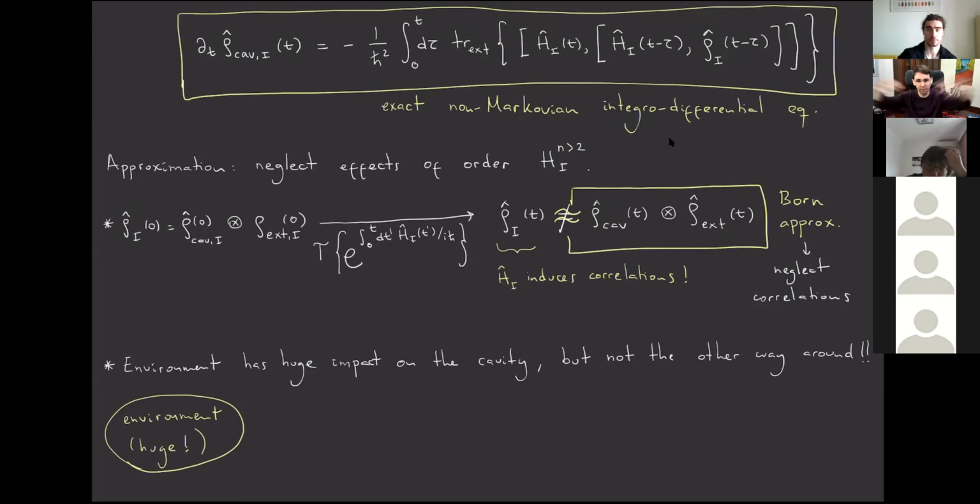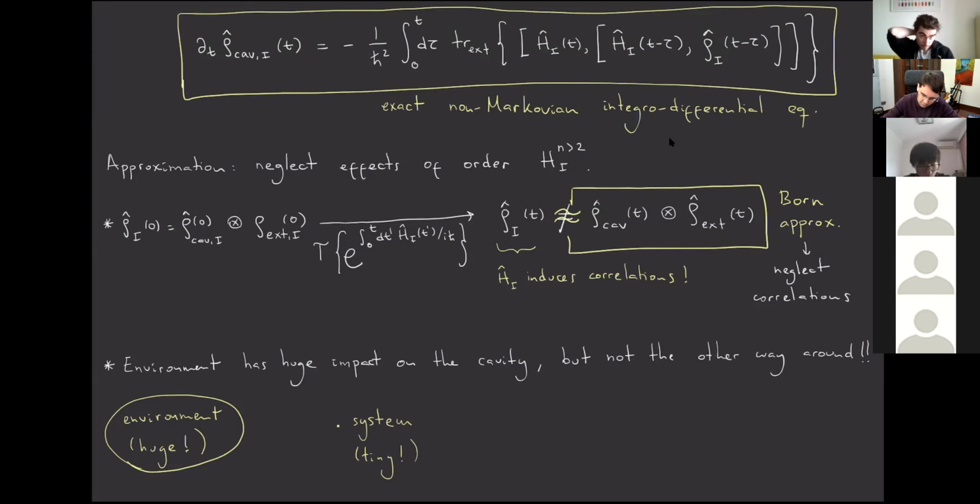So it has many harmonic oscillators, okay? And that form a continuum. So it's all the free space outside of the cavity. On the other hand, we have a very tiny system. So the cavity, and as I say, this is very tiny compared to the huge environment.